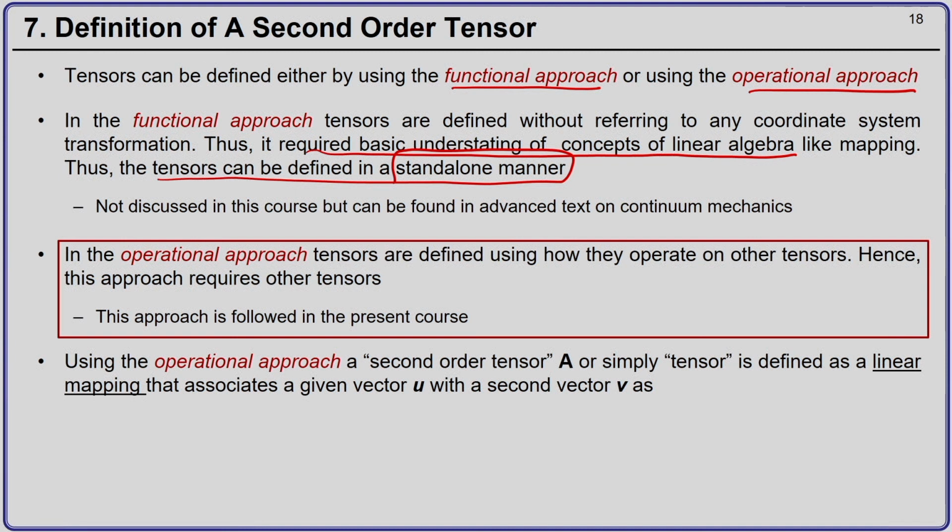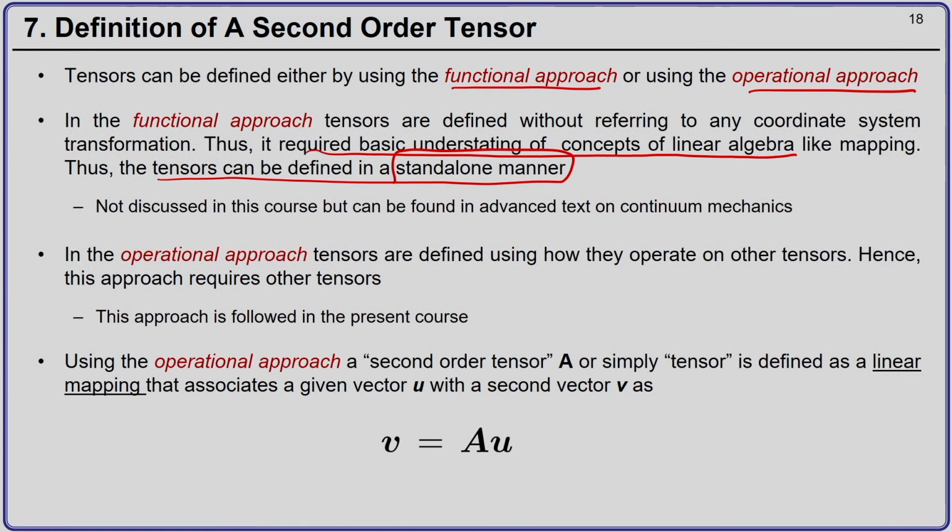So in this approach we require some other tensors to define tensors. This is the approach that we follow in this course. Using this operational approach, a second order tensor A, and when we say a second order tensor, sometimes we interchangeably use the word tensor. So when we say tensor, many times people mean only a second order tensor.